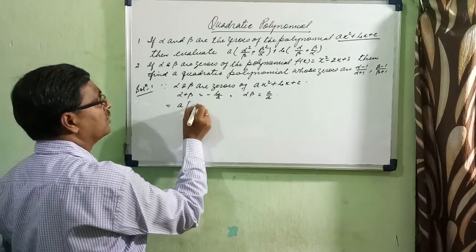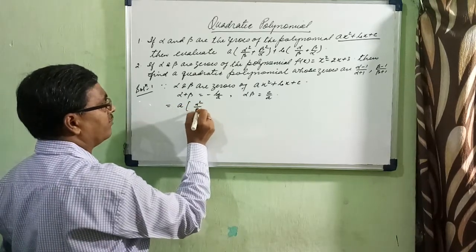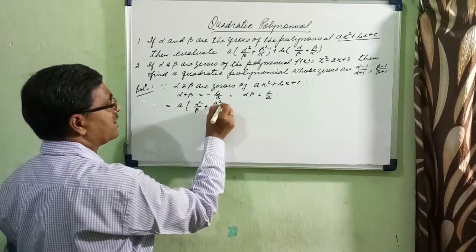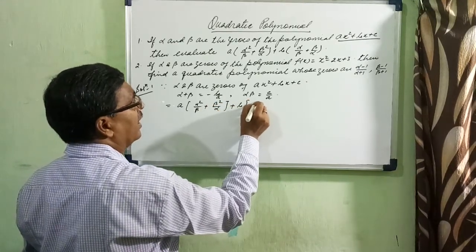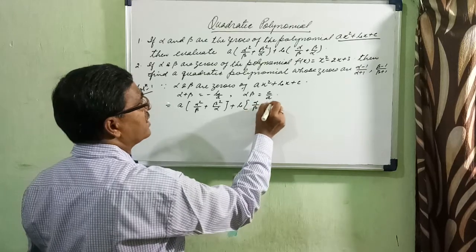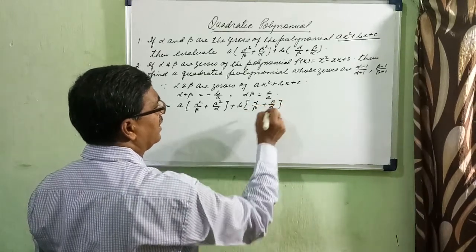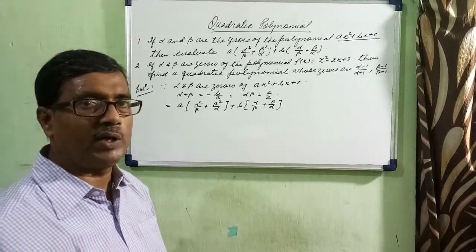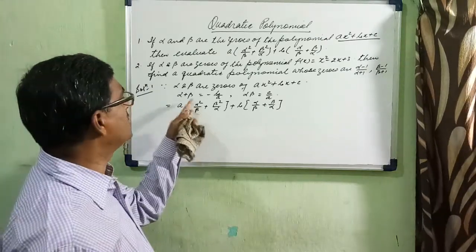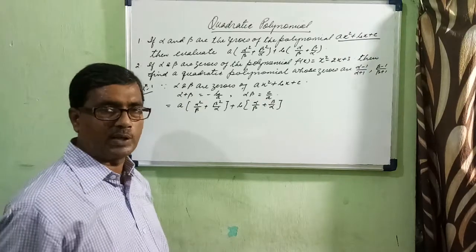a into alpha square by beta plus beta square by alpha, plus b into alpha by beta plus beta by alpha. Both brackets are to be simplified in such a way that we can use the values of alpha plus beta and alpha into beta.